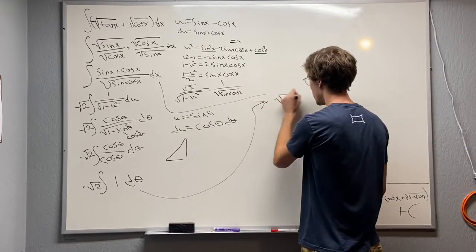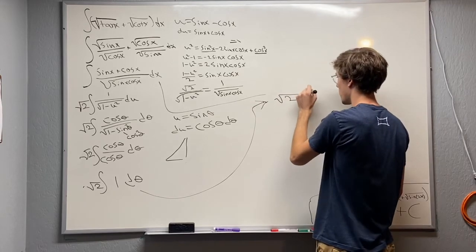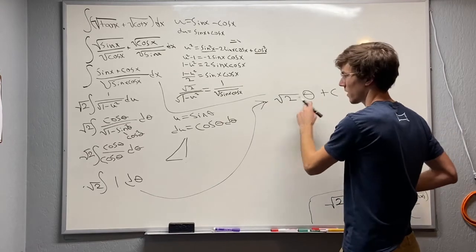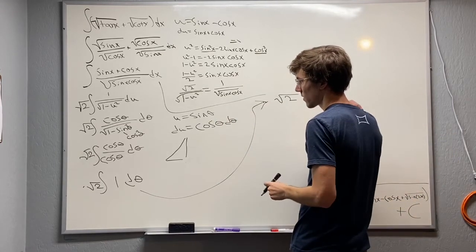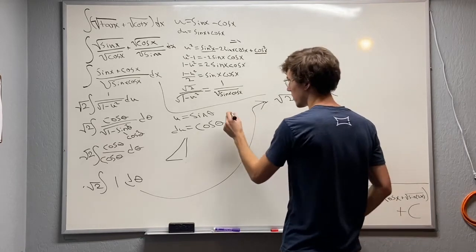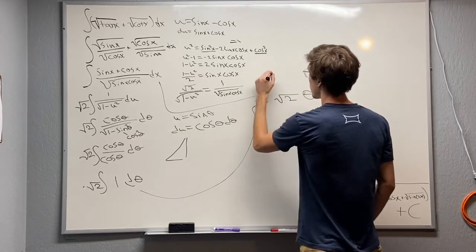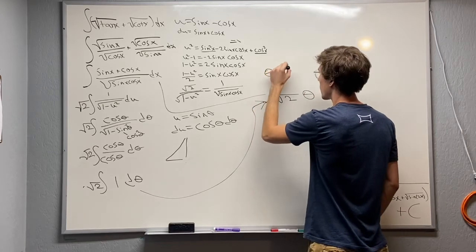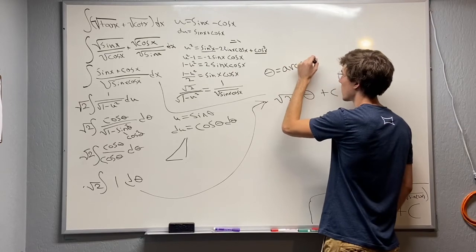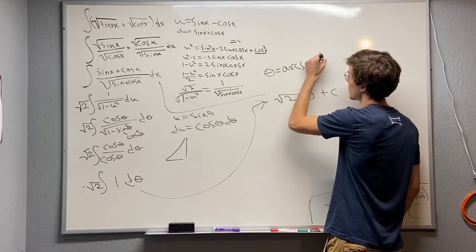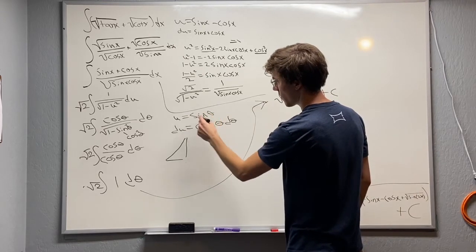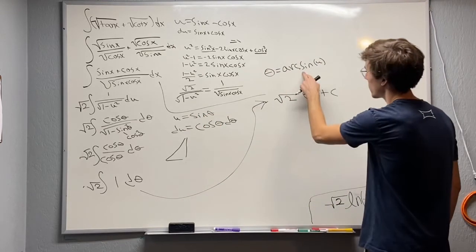So we get theta plus c, but we need to get theta in terms of u, and then we can get it in terms of x. So theta is going to be equal to the arc sine of u. If you take the arc sine of u, then you're going to get theta. So that's going to be equal to that.